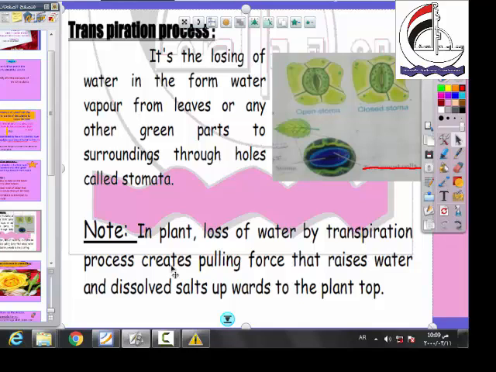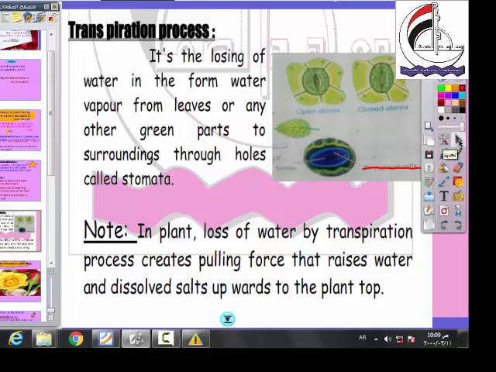What is the function of two guard cells? They control opening and closing of stomata by changing their shape.